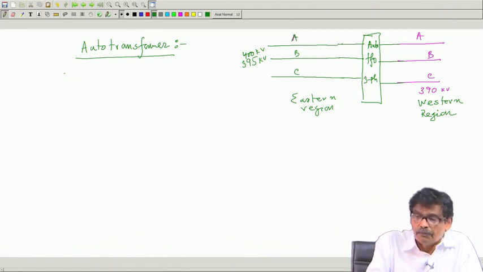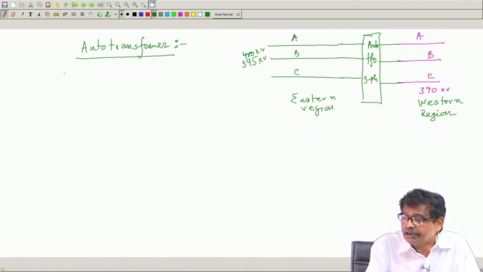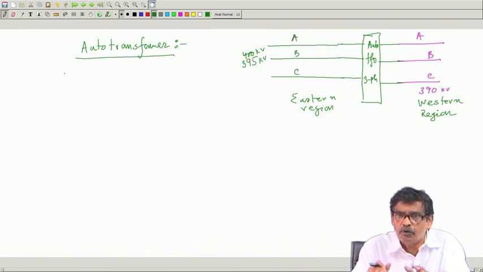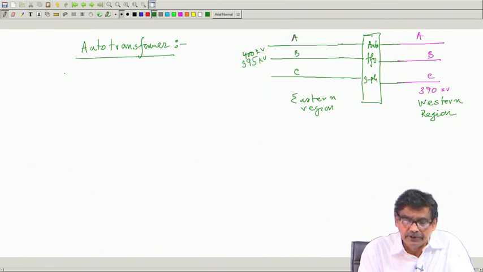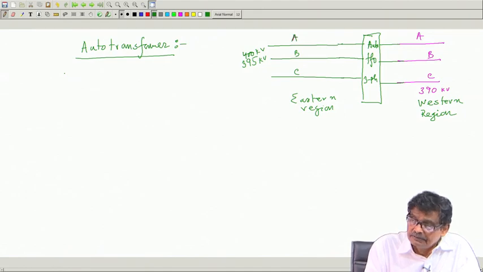So, an auto transformer is a natural choice when the voltage levels of the two sides you require are of the same order. You really save money, copper.